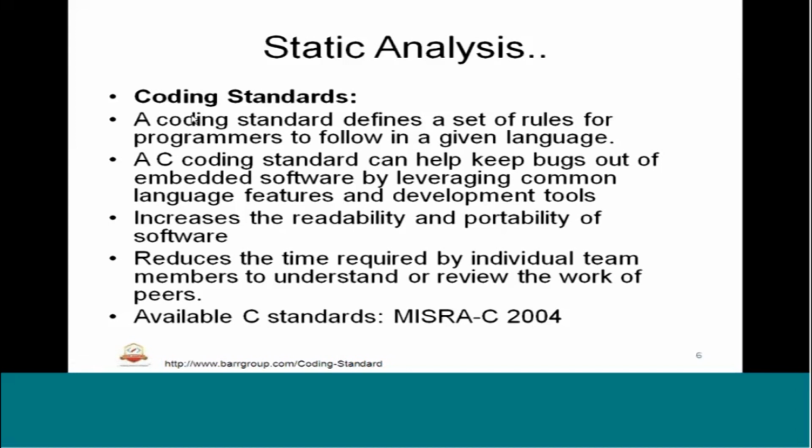So what are the things that we are going to have in coding standards? Okay, so coding standard defines a set of rules for programmers to follow in a given language. So there are levels of guidelines they give, like it could be a guideline, it could be a rule. So in such cases where we have rules that have to be mandatorily followed, I'll just try to write out.